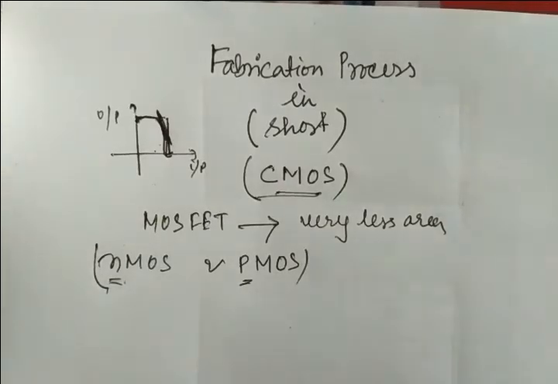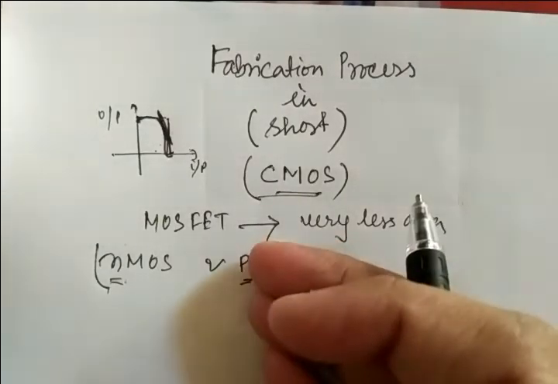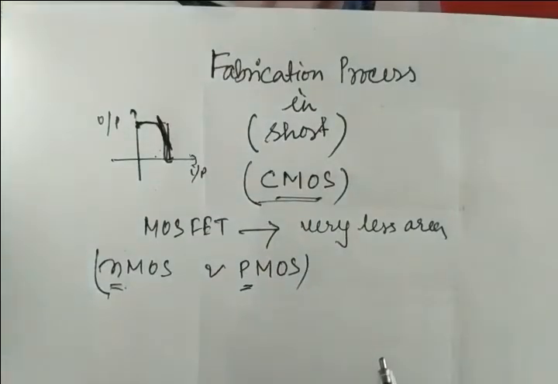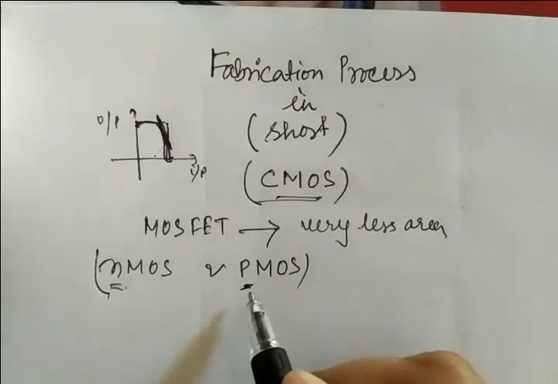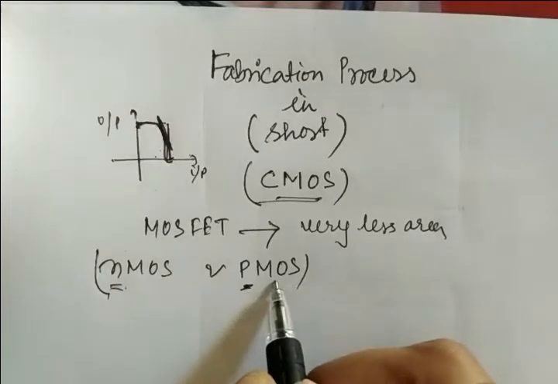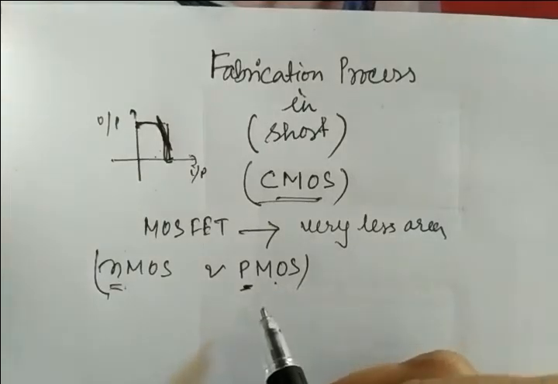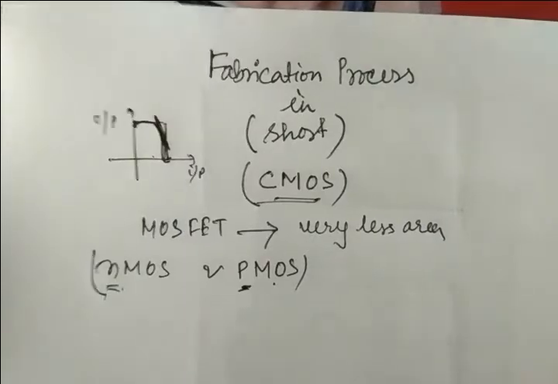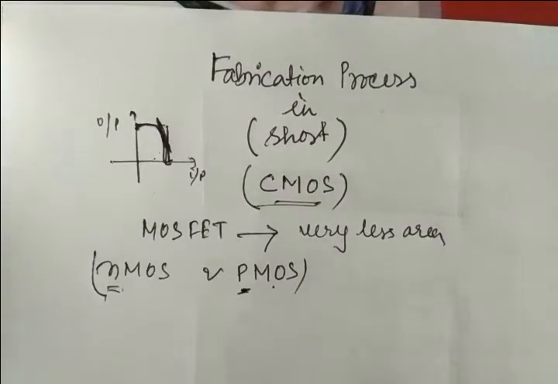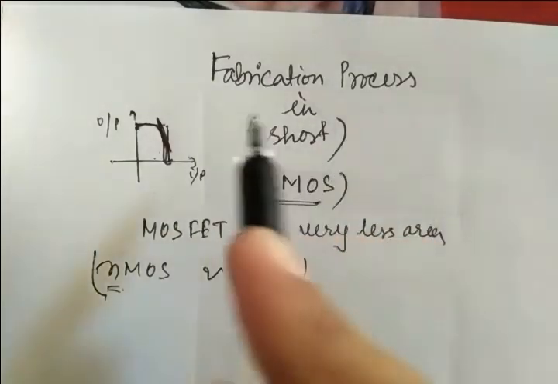If we want to build the n-channel MOSFET, we have to use a p-type substrate. But what is the reason behind that? You all know that. Okay, and if we want to manufacture the p-channel MOSFET, we have to use the n-type substrate. So what kind of material will be used for the substrate, what material will be used for the oxide layer, what material will be used for the insulating layer, and so on, that will be discussed in the fabrication process.